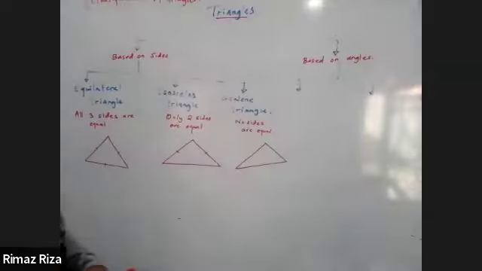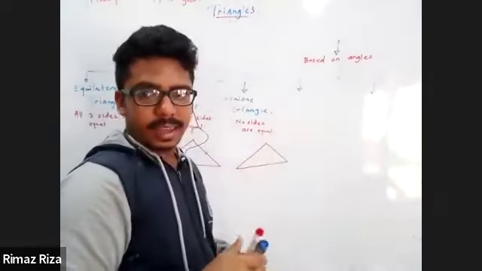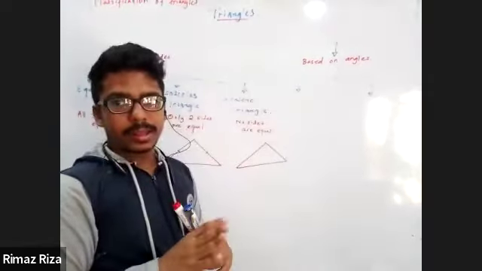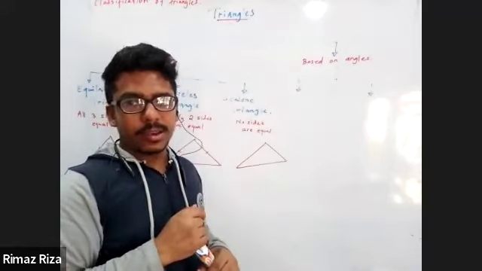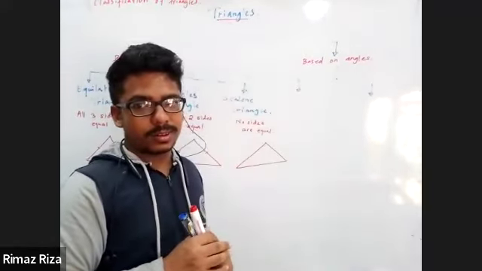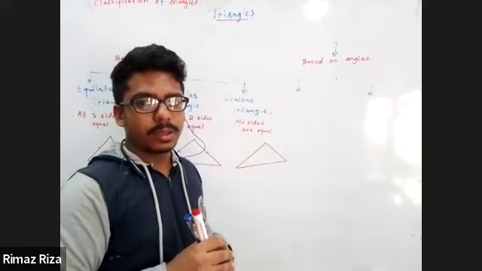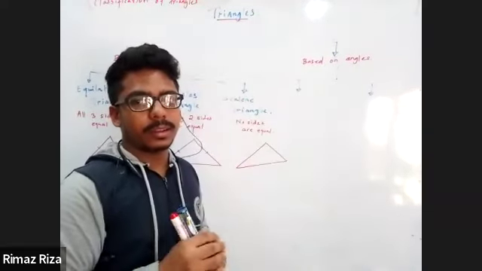So if all the angles are less than 90 degrees, what do we call that triangle? Right angle triangle means one of the angles is equal to 90 degrees.